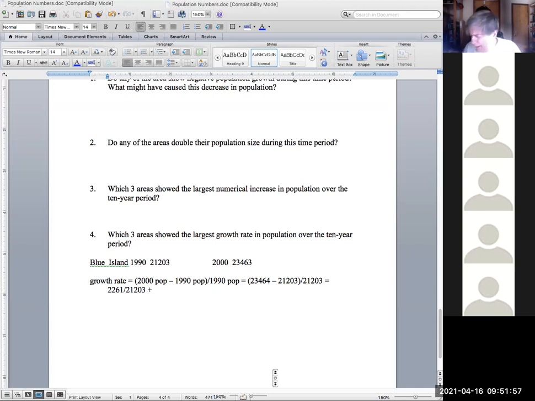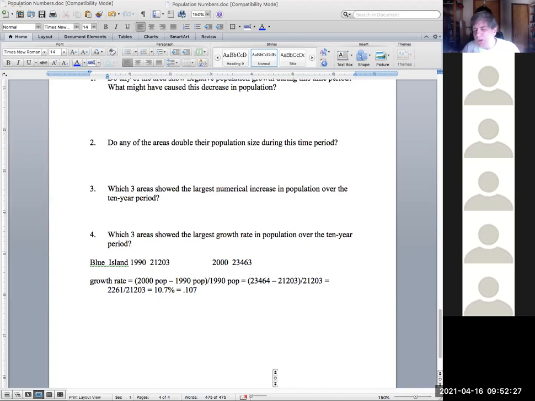Okay, when I divided, I'll round off to the first decimal. So I got 10.7%, or again, if you prefer decimals, 0.107 works.